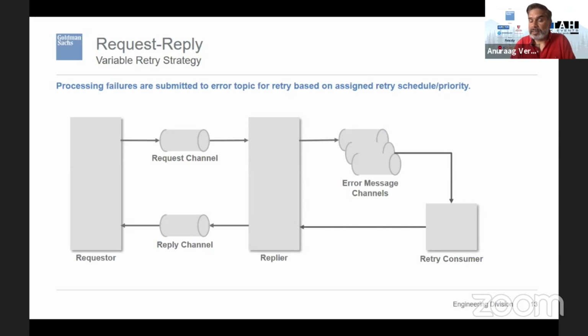So let's consider another example before we go into where a variable retry strategy will be useful. Let's say you are a trade booking system, and you are dealing with multiple price providers to get the best prices. Let's say, for whatever reasons, as a price provider system, you want to apply different algorithms or different SLAs with respect to how soon the price has to be provided back.